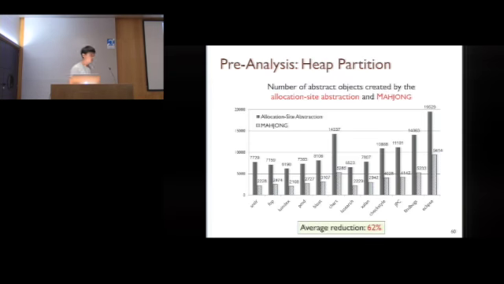For heap partition, we compare the number of objects created by allocation-site abstraction and MAHONG. The longer bars are allocation-site abstraction, and the shorter bars denote MAHONG. By merging type-consistent objects, MAHONG significantly reduced the number of objects by 62% to avoid heap over-partition.